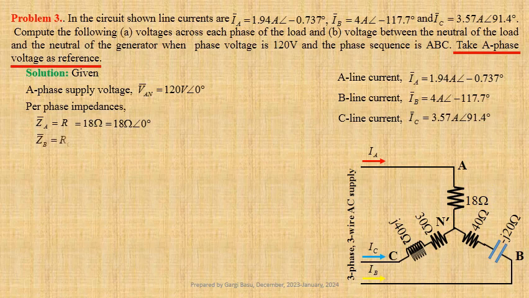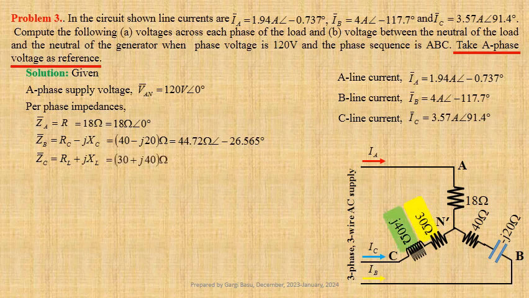ZB equals RC minus J times XC, that is equal to 40 minus J times 20 ohm. This may be written in polar form as 44.72 ohm at an angle minus 26.565 degree, and ZC equals RL plus J times XL, that is equal to 30 plus J times 40 ohm.